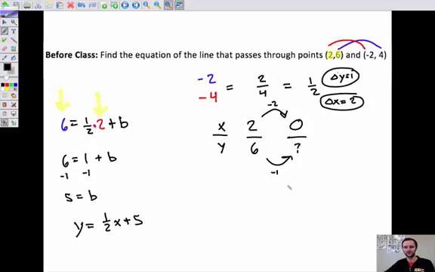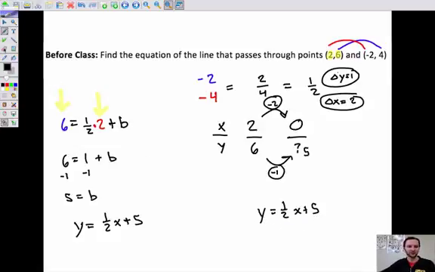Okay? So there's this relationship between x and y, that whenever x goes up by 2, y goes up by 1. And similar to that, if x goes down by 2, like it did right here, then y has to go down by 1, which gives me 5. And that's the exact same thing as what you saw in this other one. Okay.